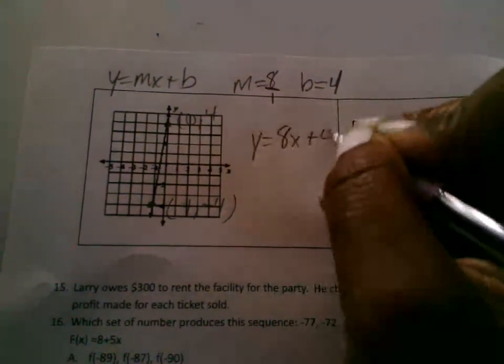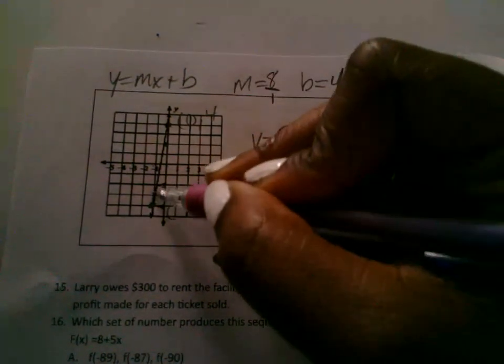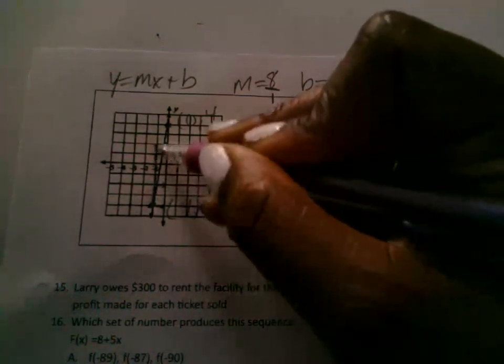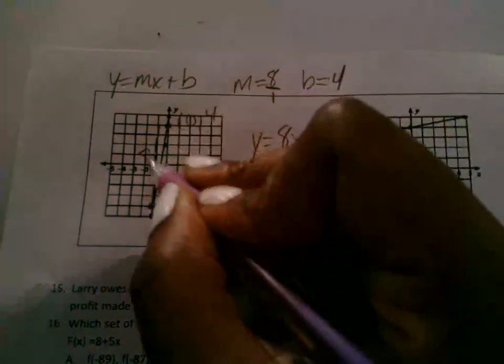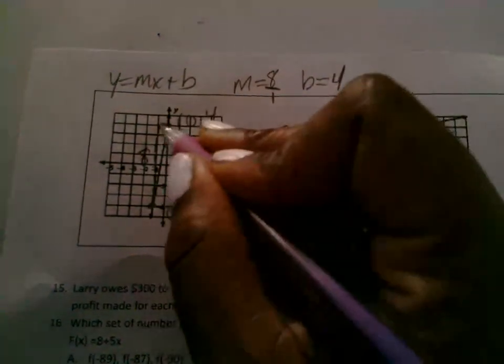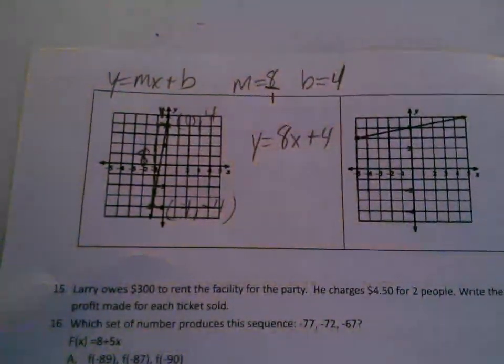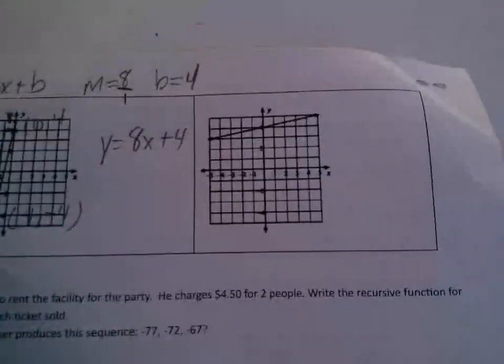Because the slope is up 1, 2, 3, 4, 5, 6, 7, 8, rise 8 and over to the right 1. So rise over run, 8 over 1.